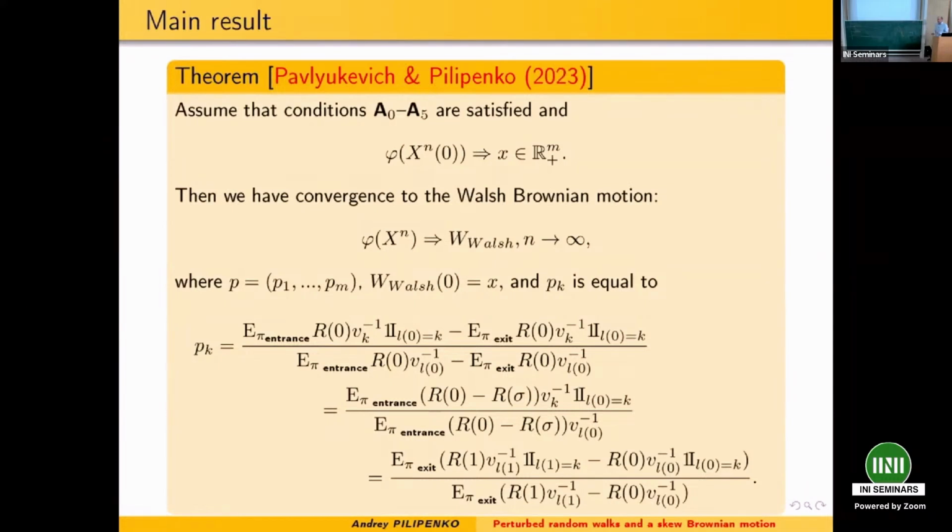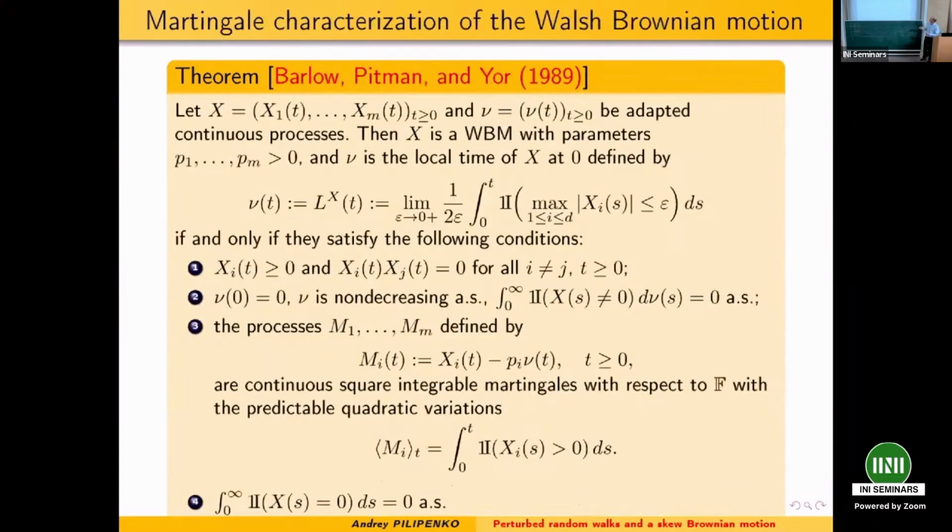So it was important. The first step was to prove that this picture without colors converges to reflected Brownian motion. Then this sum of jumps from here to there converges to a local time. So we get this process nu. So we know what this is.